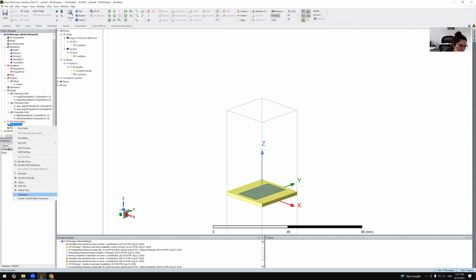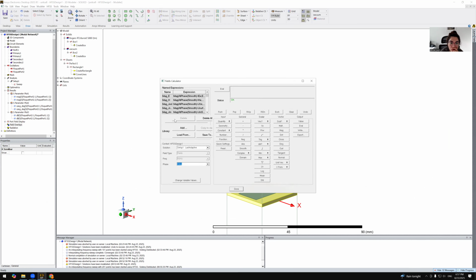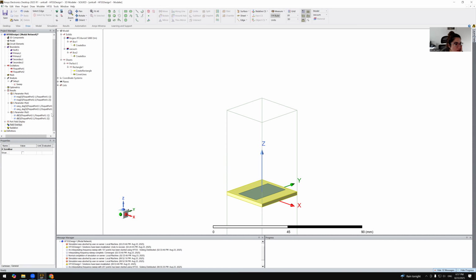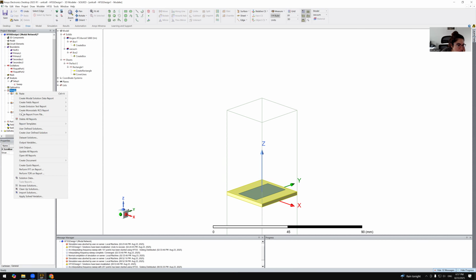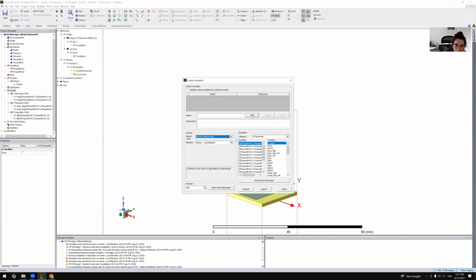Calculator, was it calculator? I think so. Oh yeah, here. No, this is for the fields. There's somewhere that you can define. Oh, here. Nice.